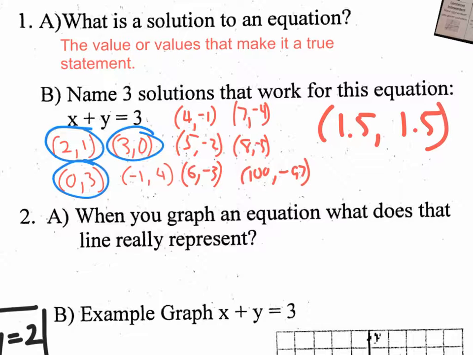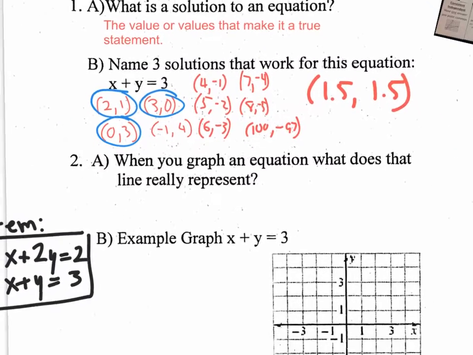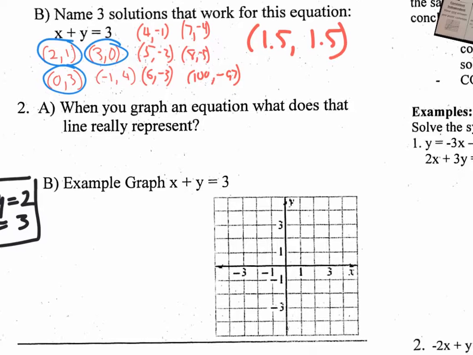So there's an infinite amount of answers. So how about this? Let me plot these 3 points, the ones that we circled in blue right there, (2, 1), (3, 0), and (0, 3). I want to plot it down here on this graph. Why? Because this equation, x plus y equals 3, they're asking us to graph it anyway, okay?